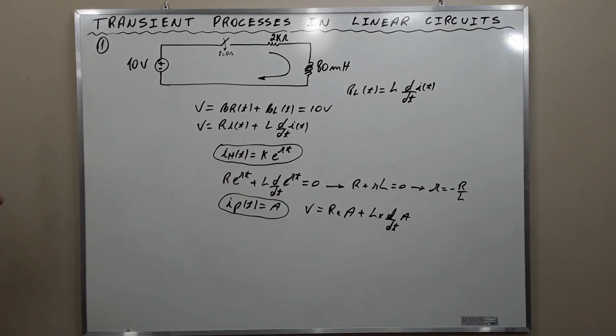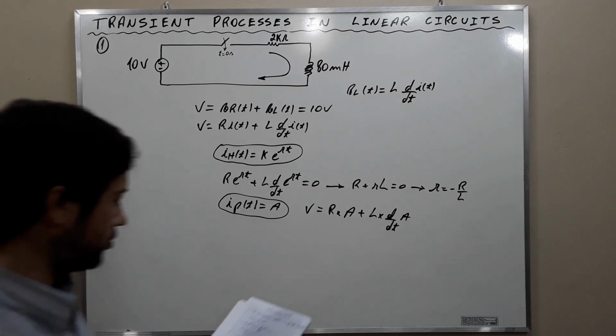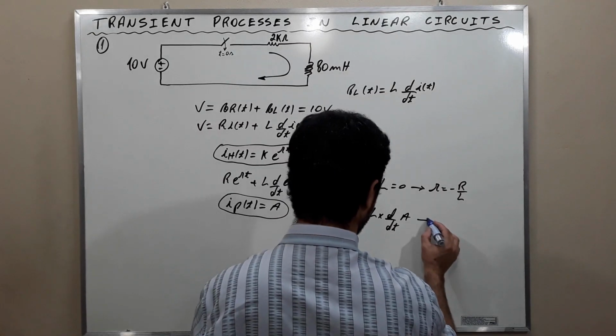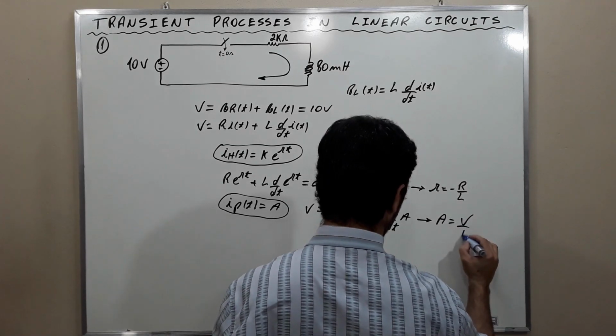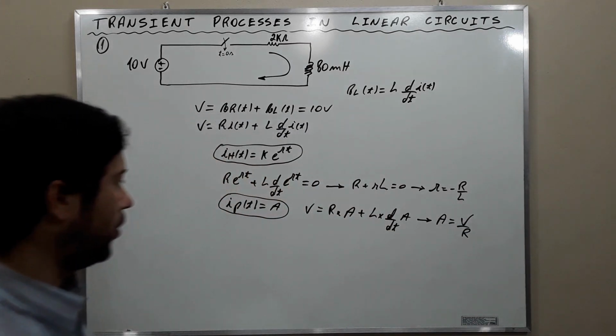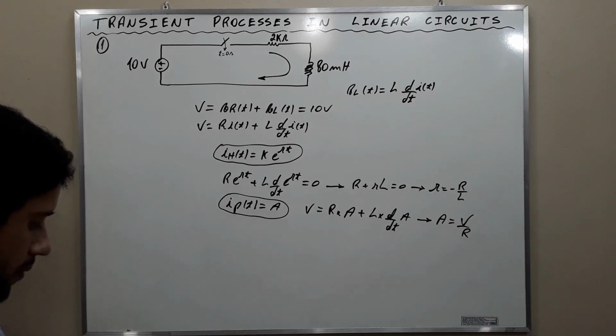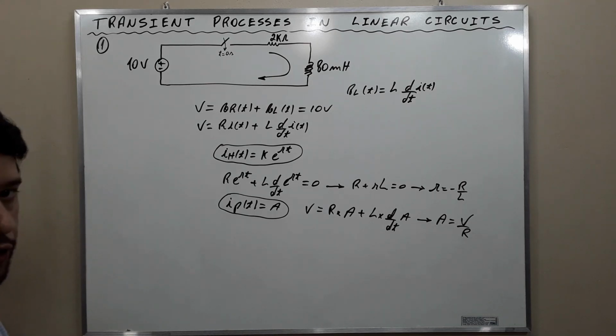We know that the derivative of a constant is 0. Consequently, A is equal to V over R. With these results, we can find our general solution.